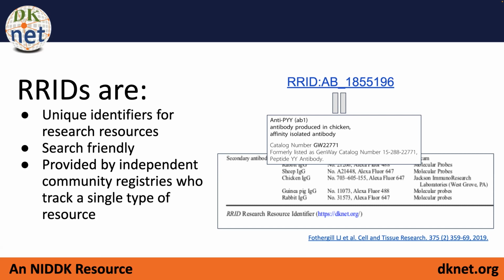And then resources such as dkNET are able to aggregate that information and provide information about those resources. And so what you'll notice is that on the right, the RID is very simple. The RID colon tells you what type of identifier it is. The next bit, AB, tells you what community authority has issued this identifier, and then the underscore and the identifier itself.